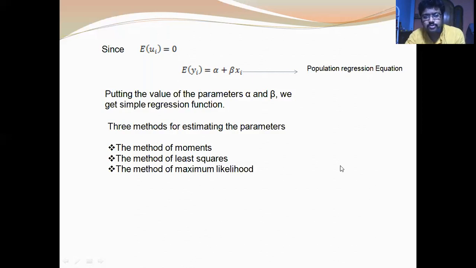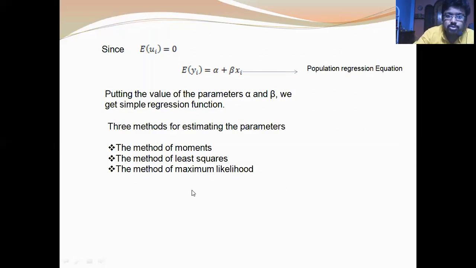Now there are three methods for estimating the parameters, alpha and beta. That is the intercept coefficient, and this is the slope coefficient.